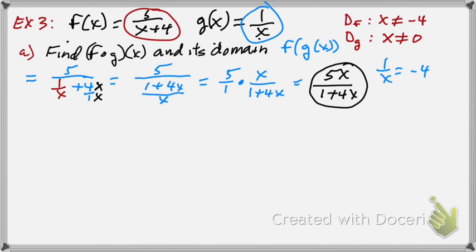So I'm writing 1 over x equals -4. I want to find the value of x going into g that would do that. So I've got 1 equals -4x, or another way to say it, x is equal to -1/4.